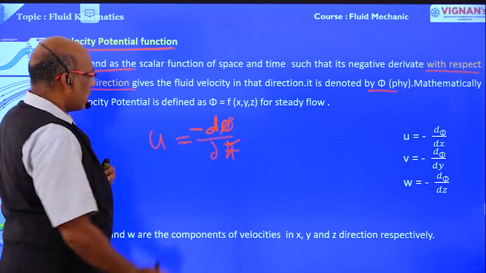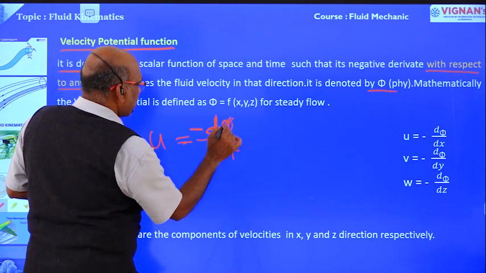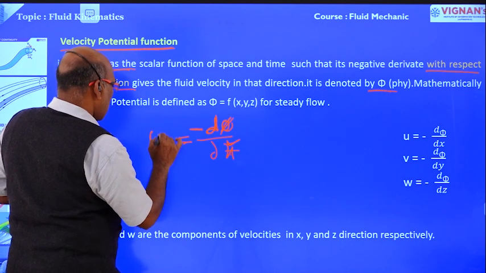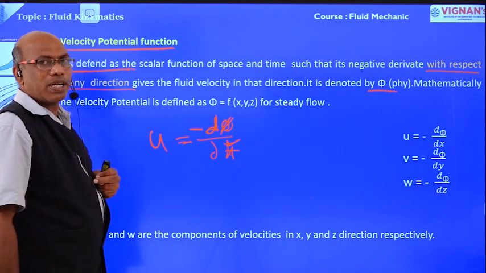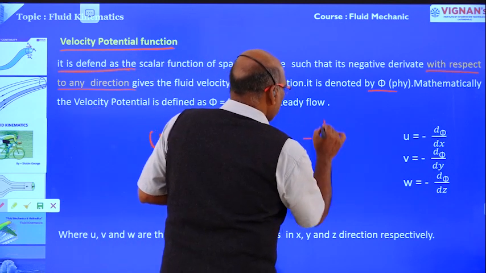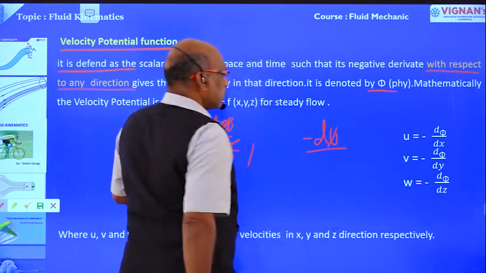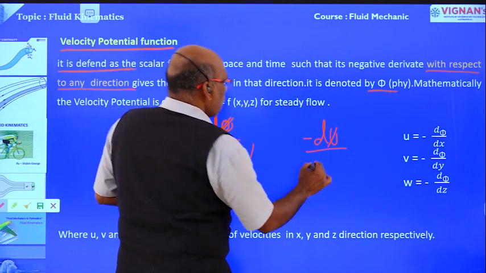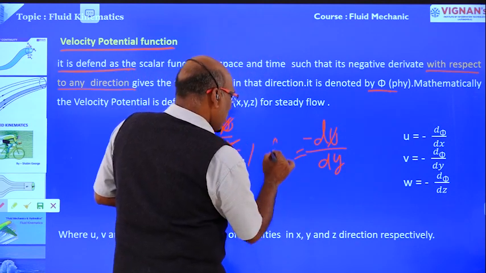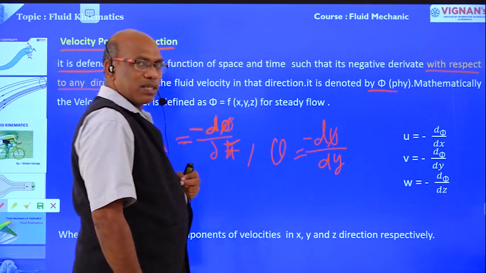That means the negative derivative with respect to the x direction gives the velocity component in that direction. And one more, the negative derivative of the potential function with respect to direction y gives the velocity in that direction.